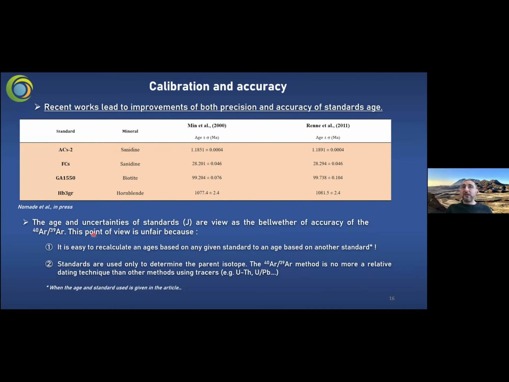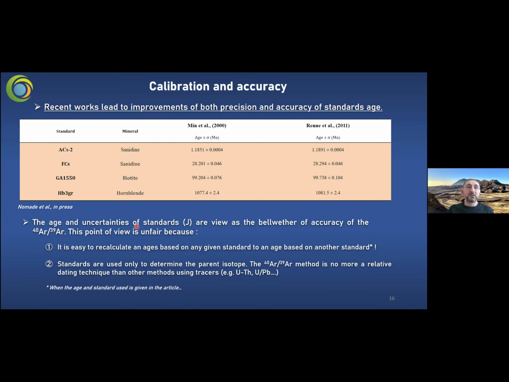So for many people, the uncertainty on the standards and the accuracy of these standards is one of the Achilles' heels of argon. But in fact, it's not fair, because it's easy to recalculate an age based on any given standard to an age based on another standard. So anybody can do that. Of course, the problem is that in many publications there is no such information in the articles.